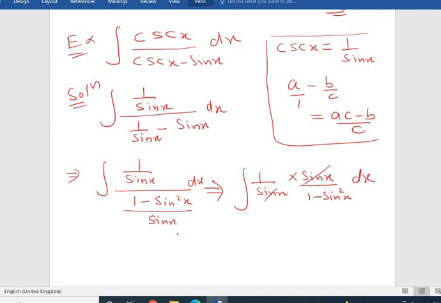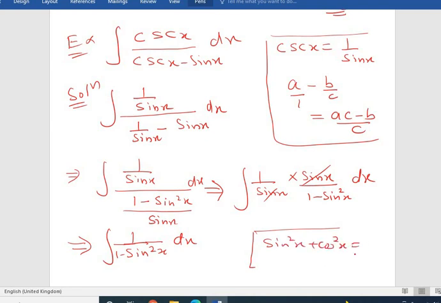Now cancel this one, this one. So it becomes now integration, this cancels, 1 divided by 1 minus sine square of x. And see that one? Because this is the rule, sine square x plus cosine square x is equal to 1.